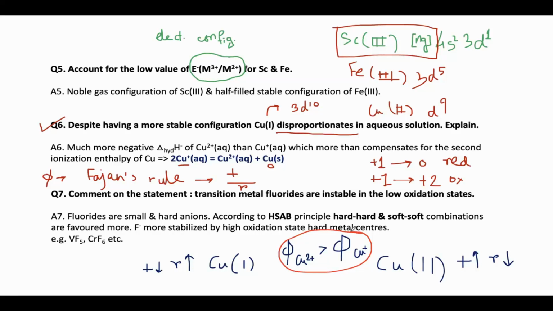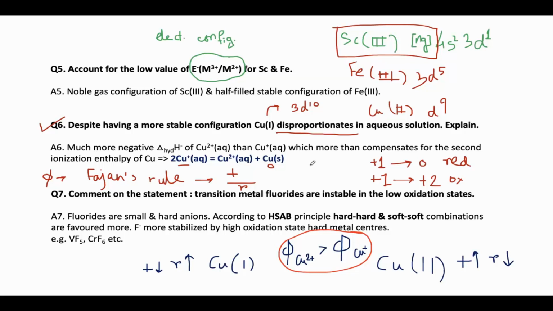If the ionic potential value of Cu2+ is higher than that of Cu+, then the hydration enthalpy of Cu2+ will always be greater than that of Cu+. So the energy released in hydration of Cu2+ is much more. Now, from Cu+ we have to go to Cu2+.